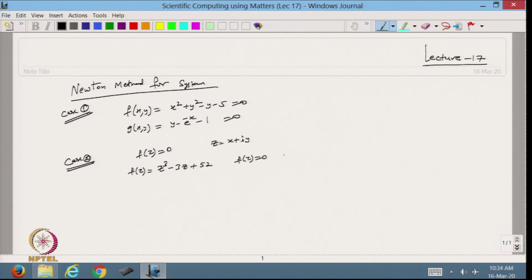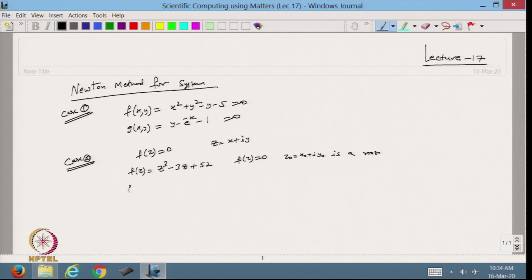So this z I want to find. Suppose z naught equal to x naught plus i y naught is a root of this equation. You know that this is in complex form, and in fact this is an analytic function.